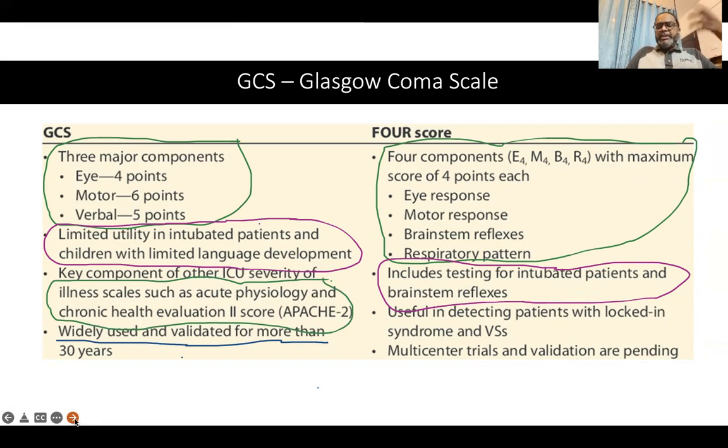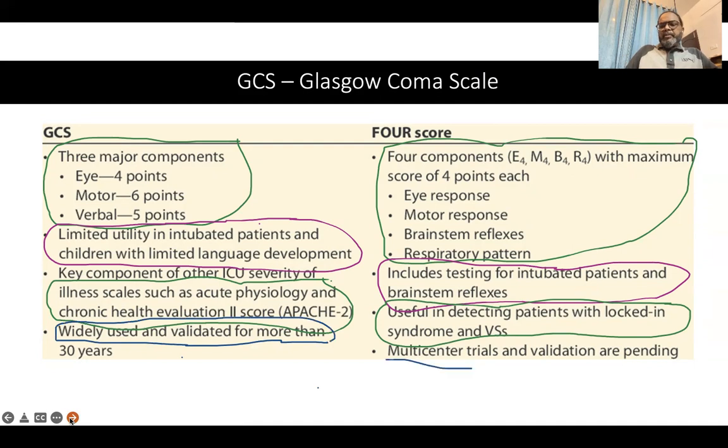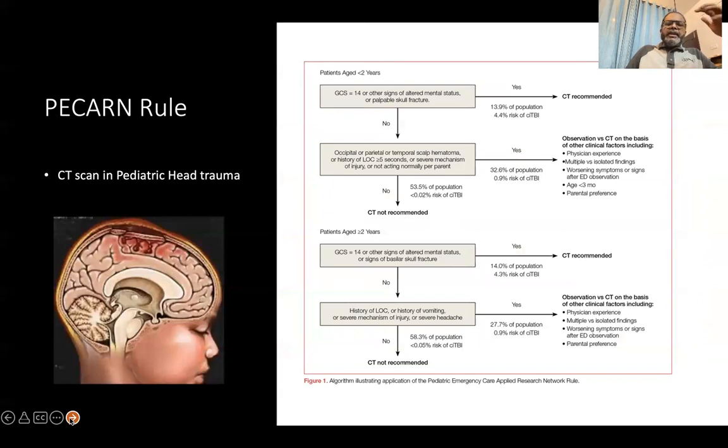They mainly use the APACHE II score. The FOUR score is very useful in detecting patients with locked-in syndrome, particularly in the ICU. Another thing is that the GCS has been well validated for the last 30 years, but the FOUR score needs more validation. And finally, we come to the PECARN rule.